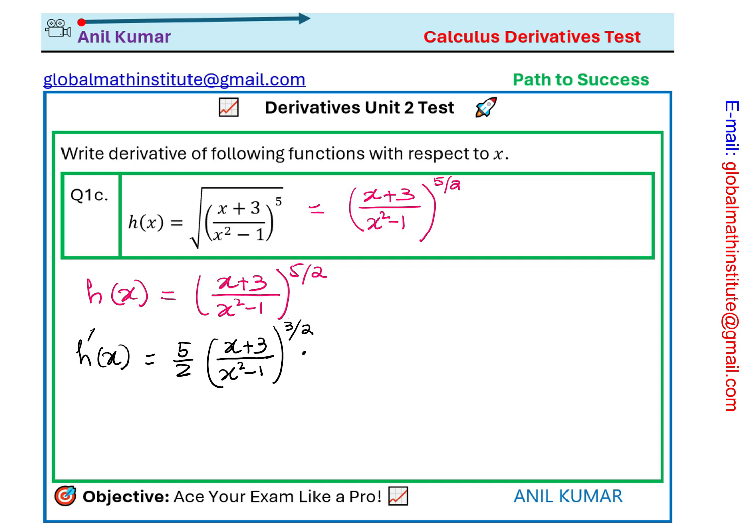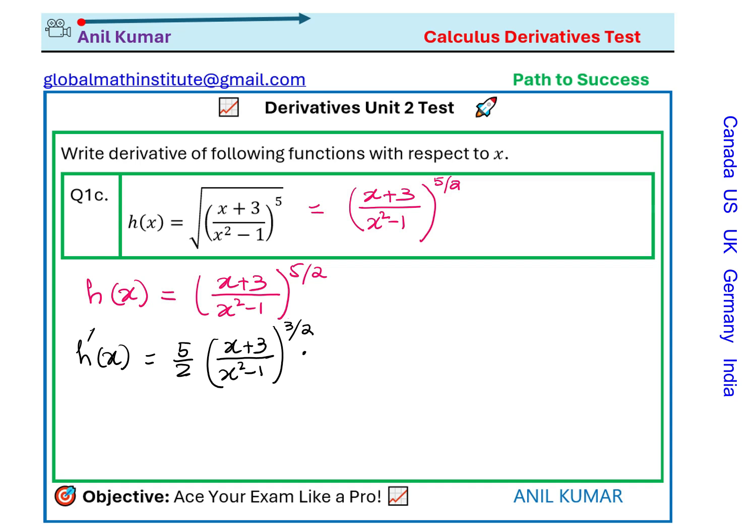Now we have to multiply with the derivative of the inside function. You get the whole idea, right? So what is the inside function? The inside function is x plus 3 over x square minus 1. We can apply the quotient rule, correct?